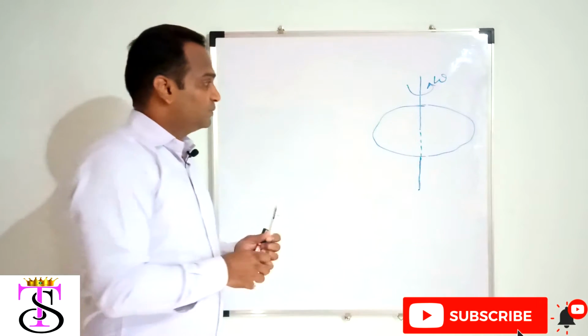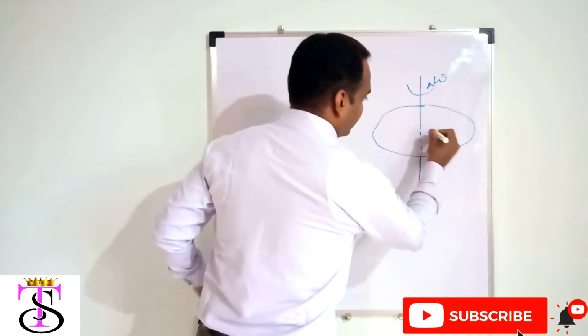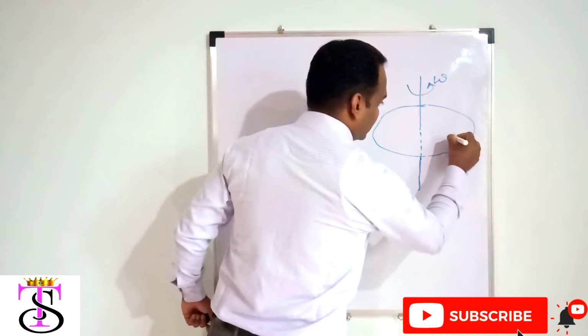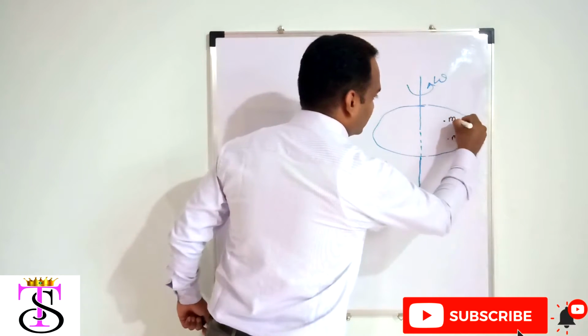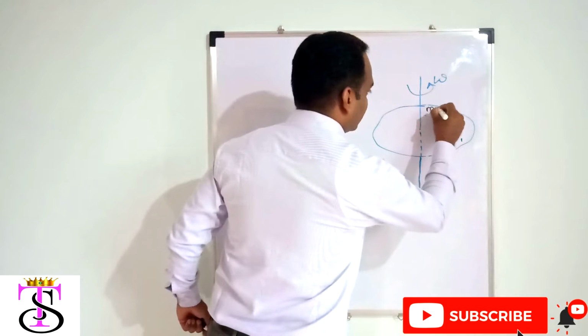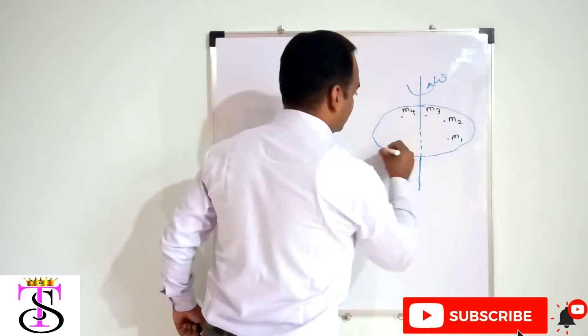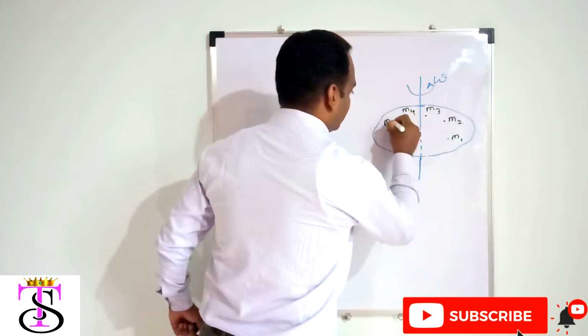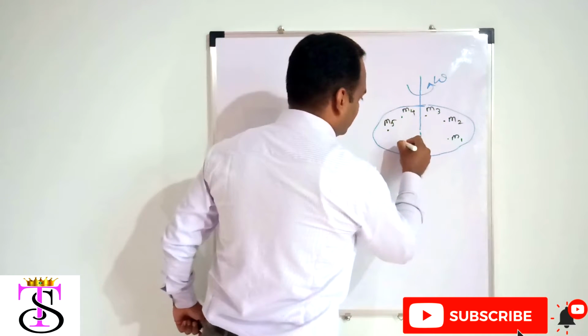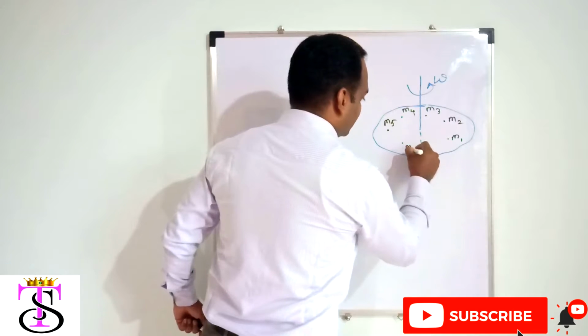Now this body has different masses, say m1, m2, m3, m4, m5 and up to mn.